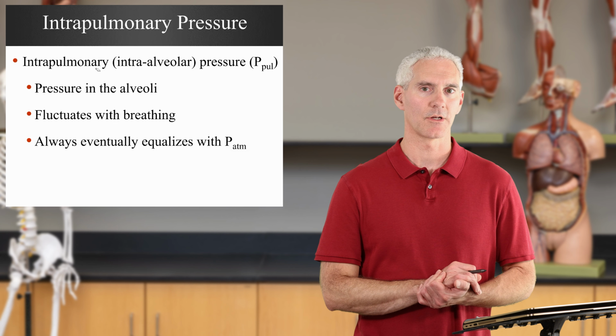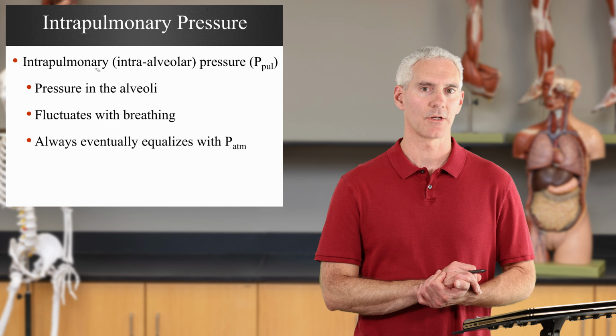Hg is mercury. Now, it starts to decrease as you get higher. So maybe if you're just a little bit above that, it's 759 millimeters mercury or 758 millimeters, whatever it is. We're going to assume 760 millimeters of mercury at sea level just for simplicity.